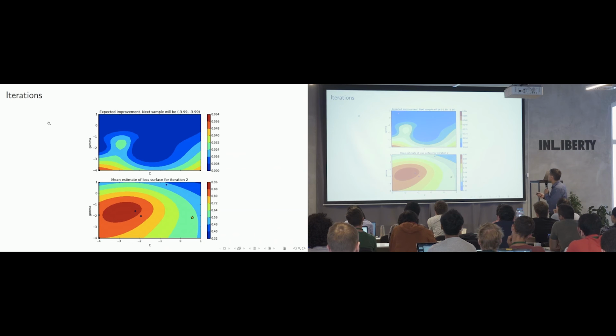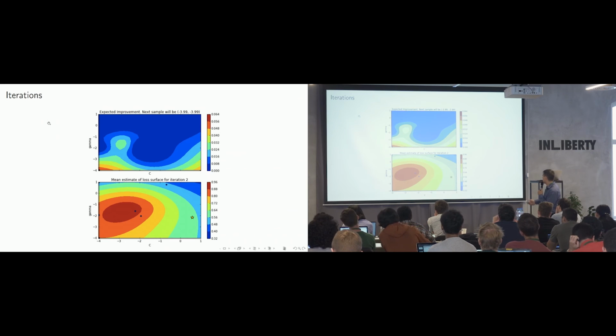Then we sample a real value of the accuracy on the ROC curve at this value of C and gamma. Here it is. Then we reconstruct the Gaussian process regression. Now it looks like this. It is based on 4 observations, 1, 2, 3, and 4.